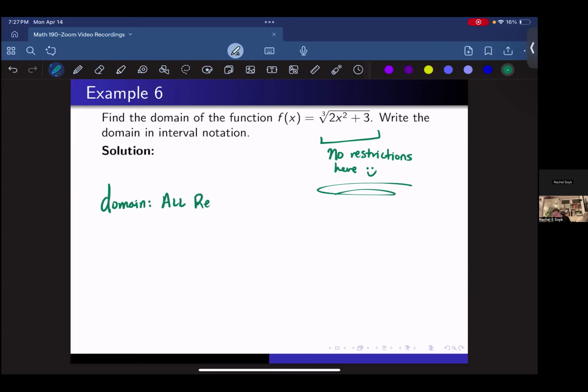I'll write it in English. I was going to give you the all real numbers symbol, but we do need to put it into interval notation, which is just negative infinity to positive infinity. And we are done. You want to get a question like this. Odd index questions take 2 seconds to solve.